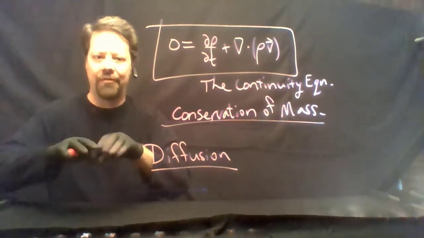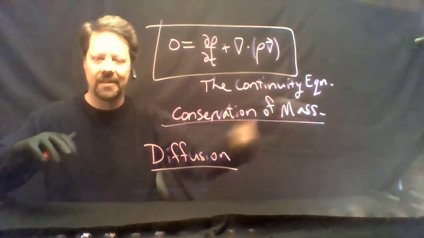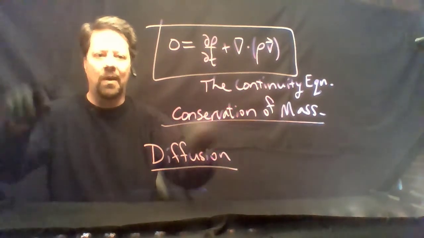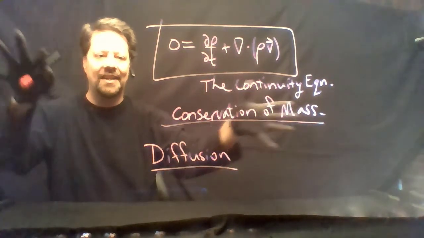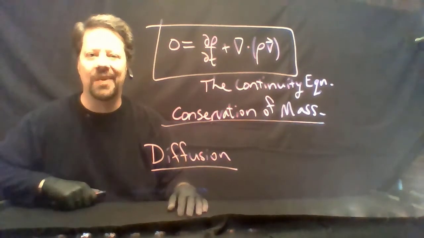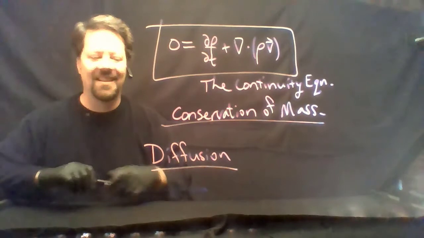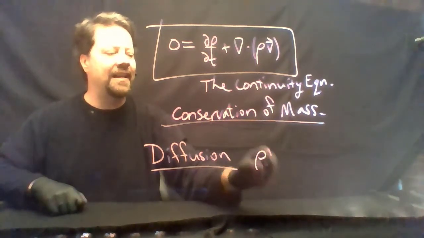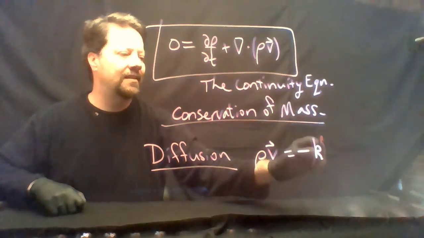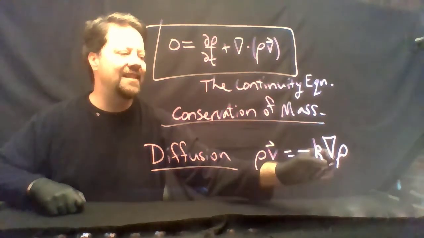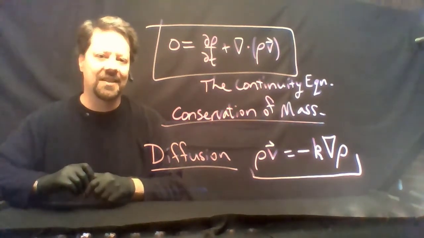However, if you have regions with higher concentrations and other regions with lower concentrations, because of the random nature of the walk, these processes tend to diffuse and spread out in the direction of the negative gradient of density. So rho v in this case will be minus some constant times the gradient of the density. That's true for all diffusive processes.